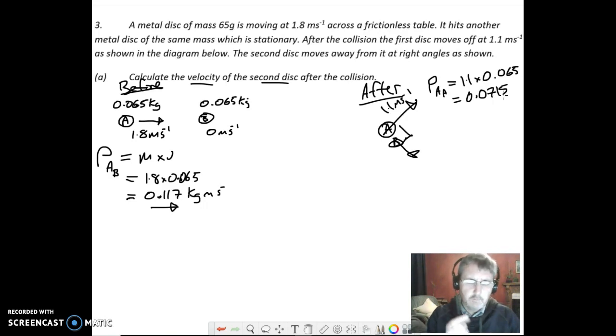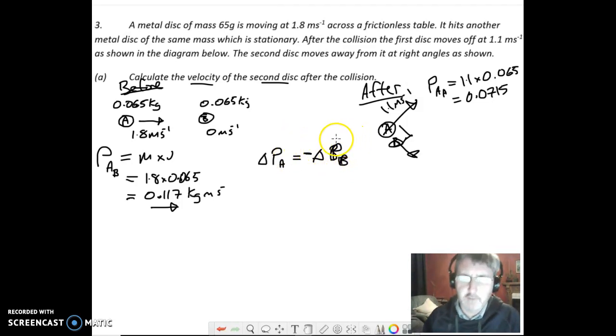So here's the key underpinning idea to answering this question. The change in A's momentum is going to equal the change in B's momentum, apart from it's going to be in the opposite direction.